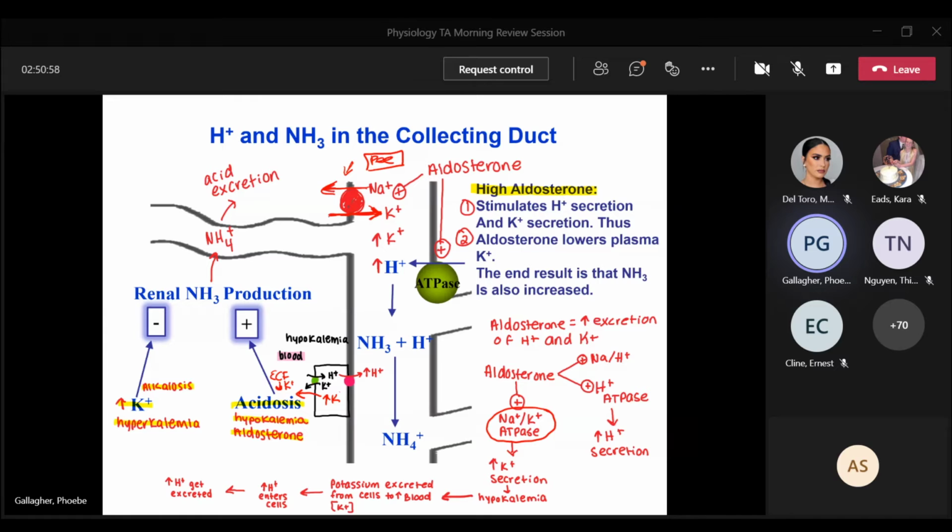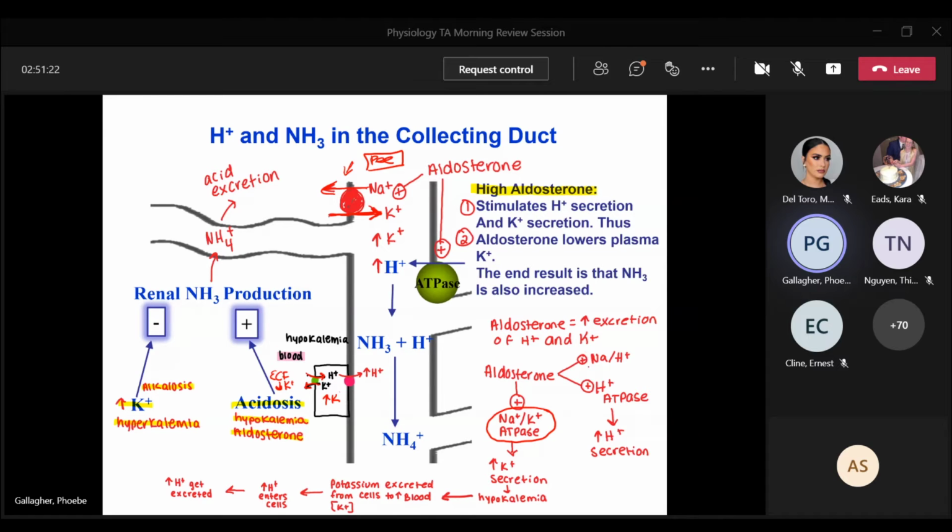So your proton potassium antiporter or ATPase, they're moving protons and potassium in opposite directions. So that's shown here. It's going to try to reestablish the potassium concentration in your blood by pumping more potassium out. And as a result of that, it's increasing the amount of protons that are pumped into the cell.